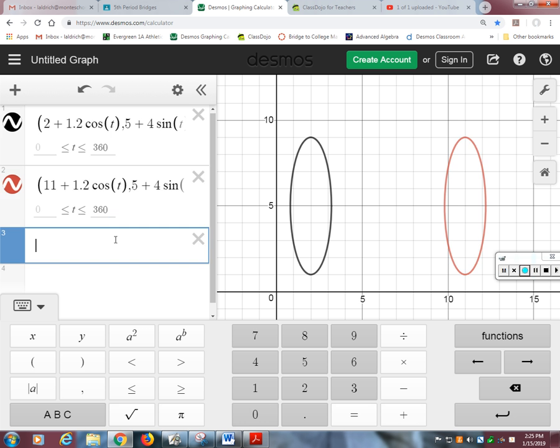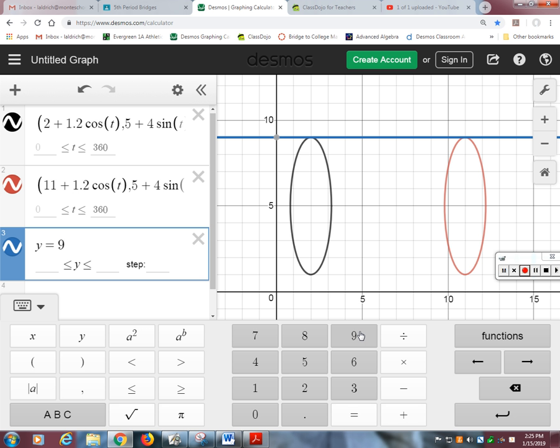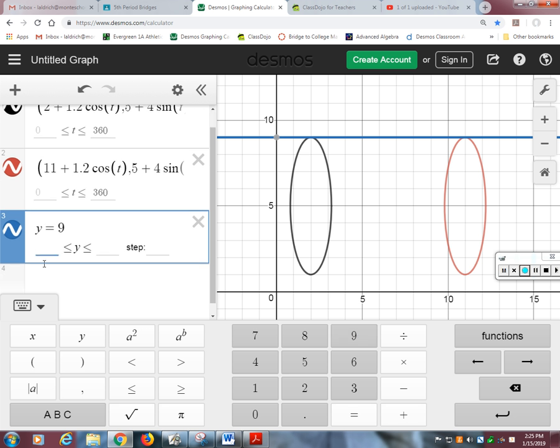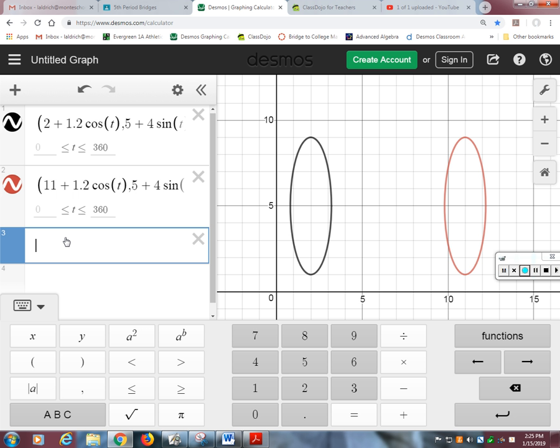And then to restrict the top, I did y equals 9. And you were correct, it gives me a thing right here. I want that to go from 2 to 11. Okay, that's not what I wanted. Maybe the step has to go by ones. No. Let me see if I just go 9 and then do the fancy brackets.